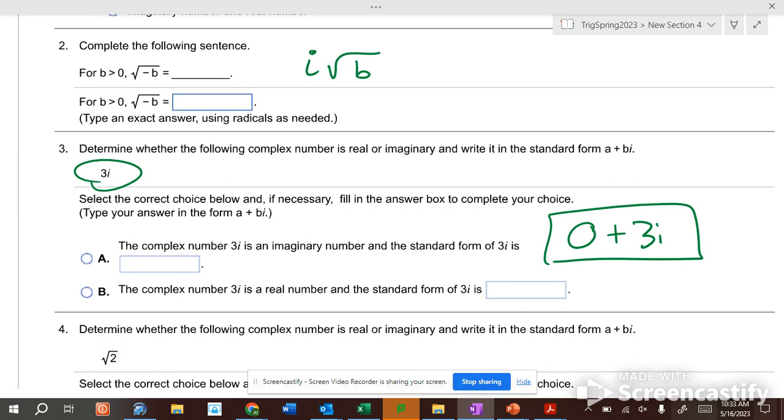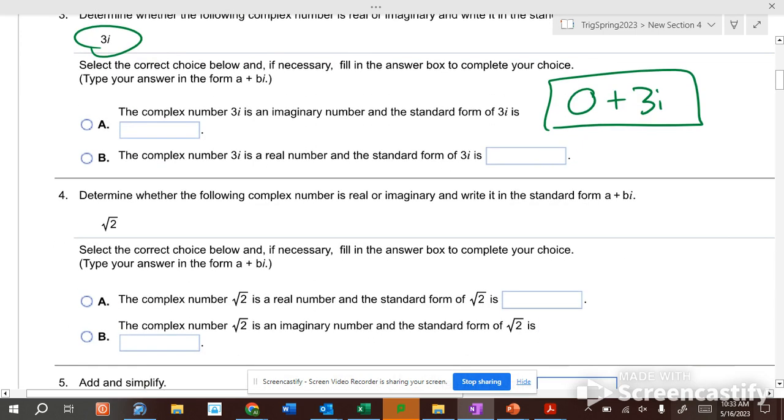Now write the square root of 2 as a complex number. Is square root of 2 real or imaginary? That's real. So it's the square root of 2 plus 0i. That's how to write square root of 2 as a complex number.